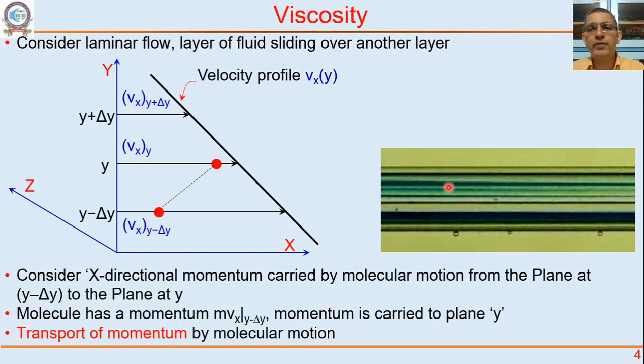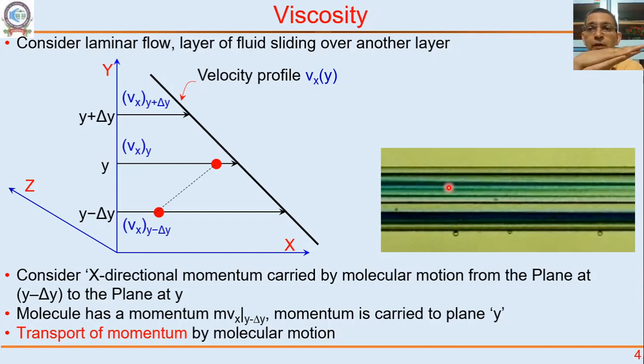What we are going to look at first is how much force is experienced by one layer sliding over another layer. Imagine that these are the two layers, and one layer is going slightly faster because it is near the center of the pipe. One layer may be near the wall of the pipe, and that is moving slower. We have seen that when we talked about velocity profiles.